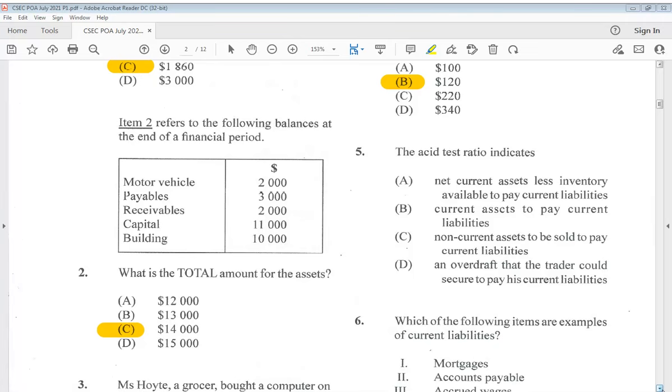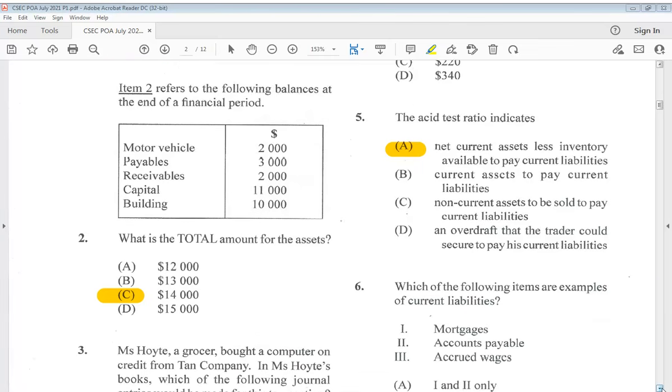So the formula would be A, net current assets less inventory available to pay current liabilities. Because the formula is current assets, then we less our stock and we divide that into our current liabilities. So A would fit that answer for us.